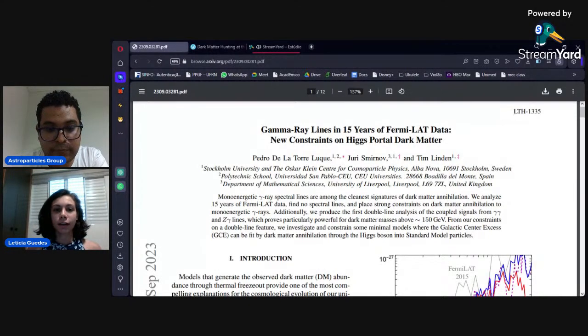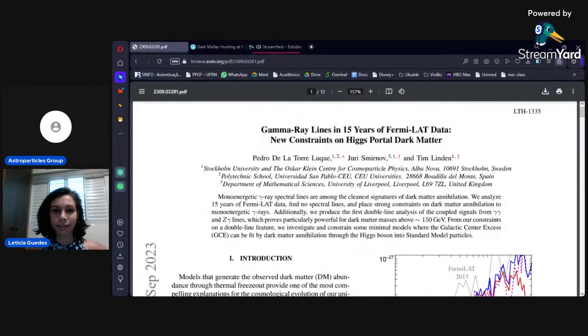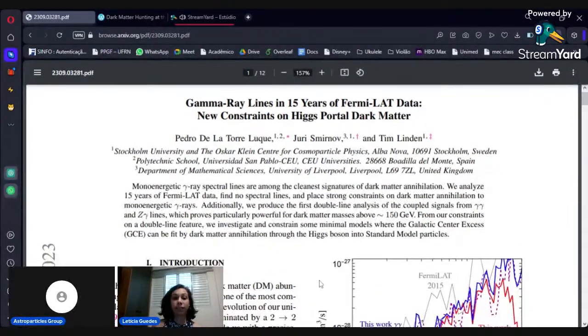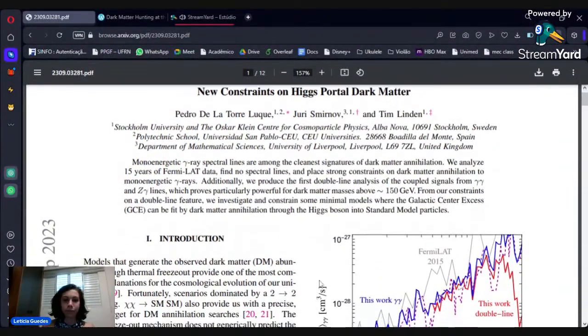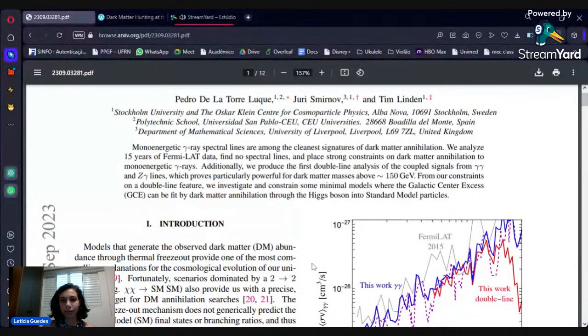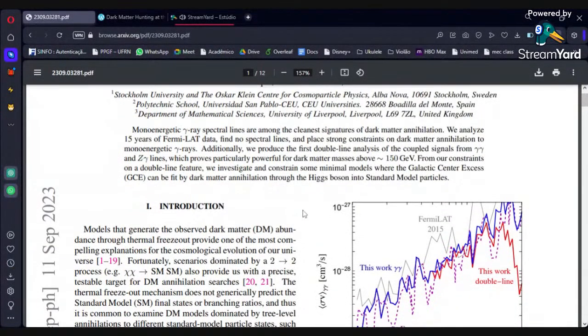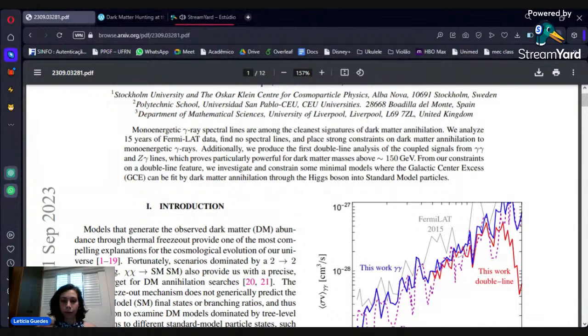Okay. So I'm going to present this article, as Álvaro said. It uses the data of the Fermilab pointing to the galactic center to do research on indirect detection of dark matter. For those who are undergraduates, it's good to know: the method of indirect detection of dark matter looks for what dark matter can produce.